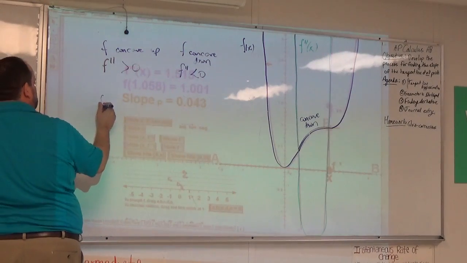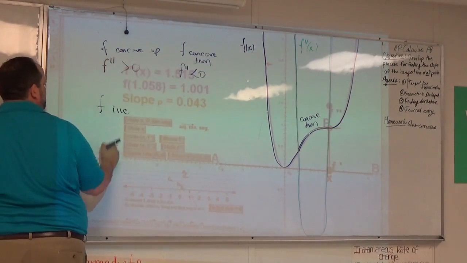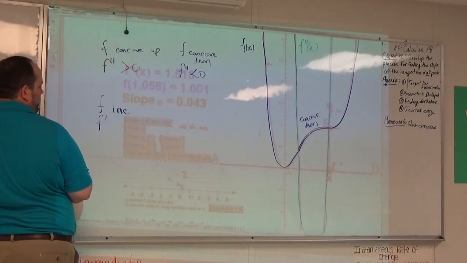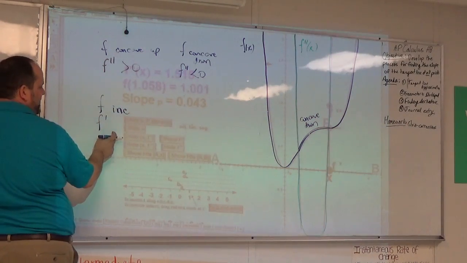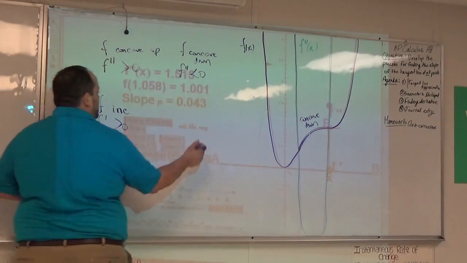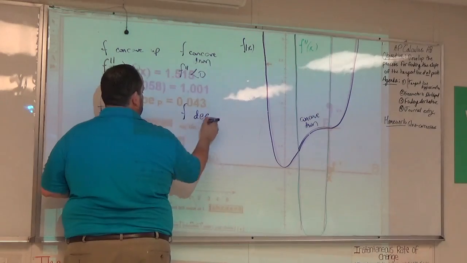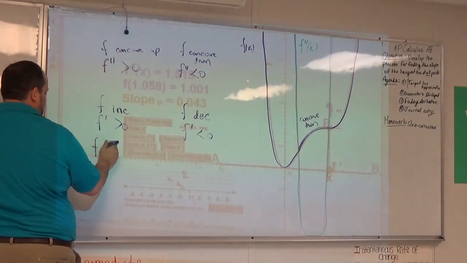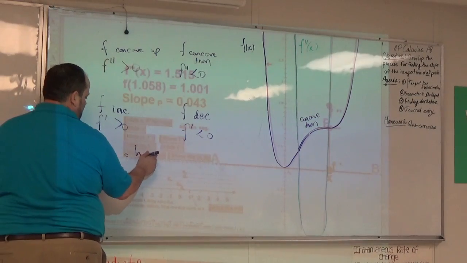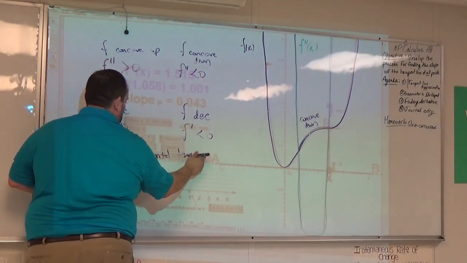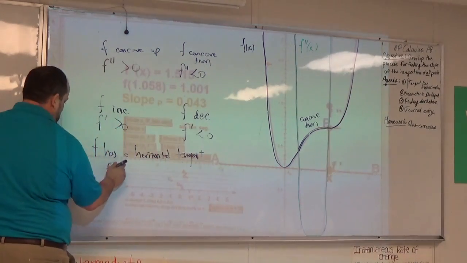The other thing you can say, we had some conclusions that we made about f when it's increasing: f is increasing, f prime has to be positive. If f is decreasing, then f prime has to be negative. If f has a horizontal tangent line, then f prime is equal to 0.